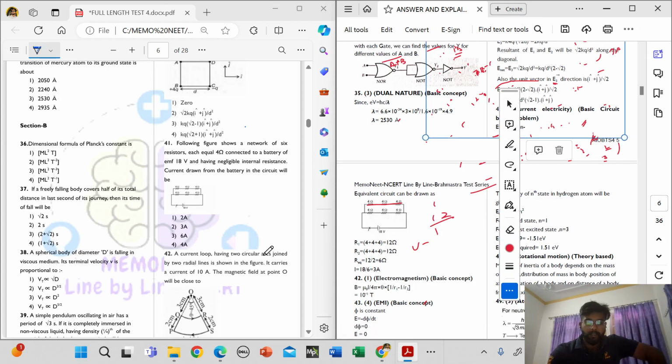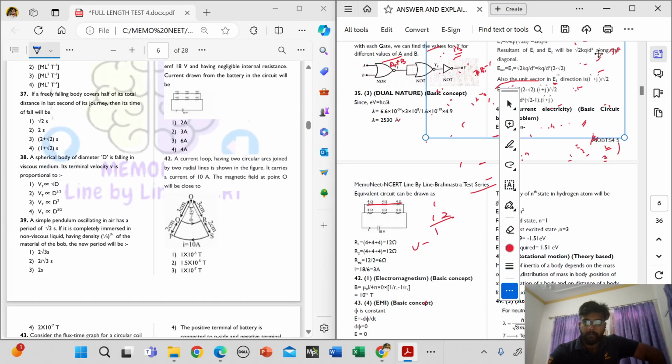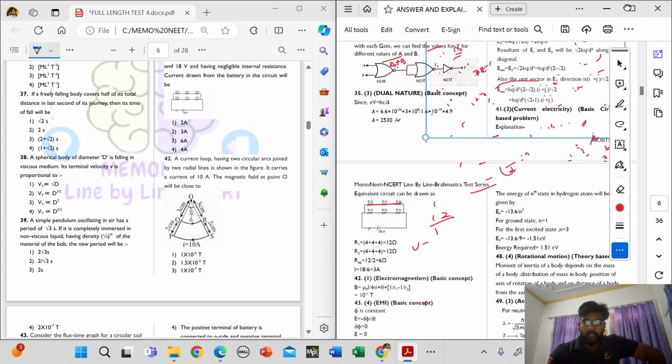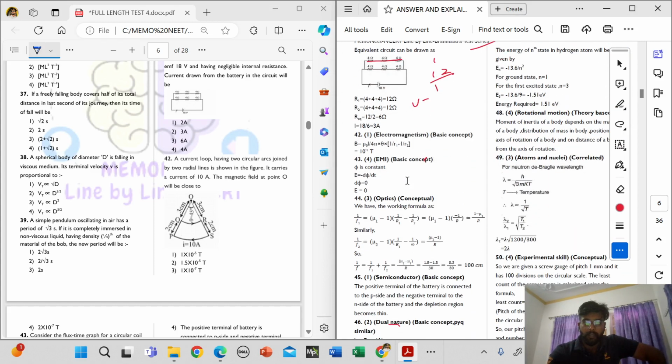Now next question, question number 42. The current loop having two circular arcs joined by radial lines carries a current of 10 ampere. The magnetic field at the point O is close to?